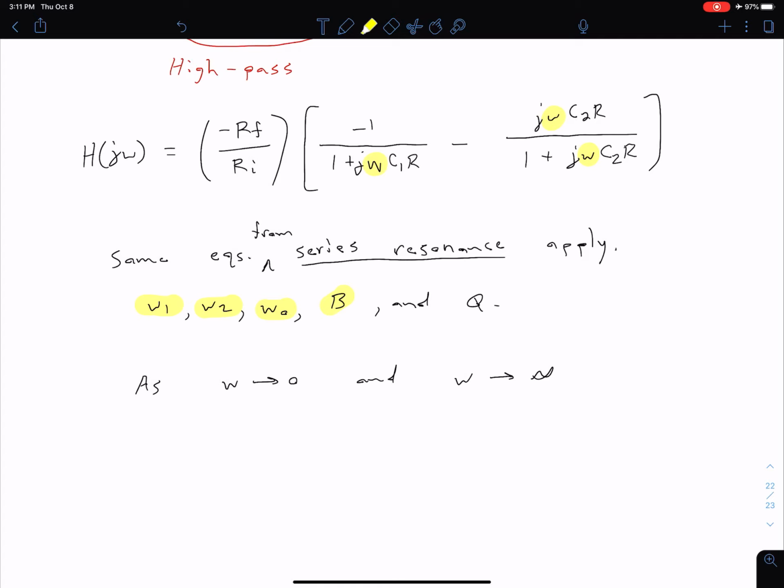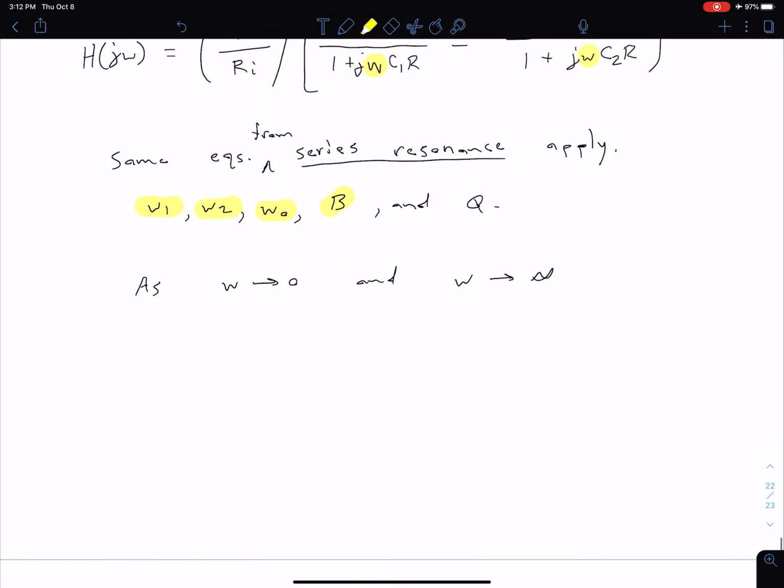On our right term, we're going to have 0 divided by 1 plus 0, so that's just 0. In our left term, we're going to have negative 1 over 1 plus 0, so we'll just have a negative 1. The negative 1 cancels out with the negative in our Rf over Ri, and we get that our gain K is just equal to Rf over Ri.